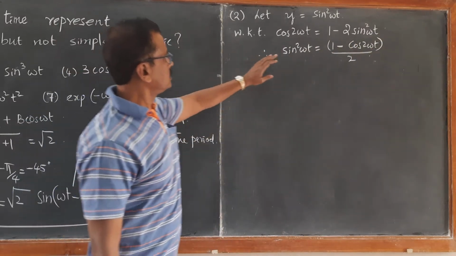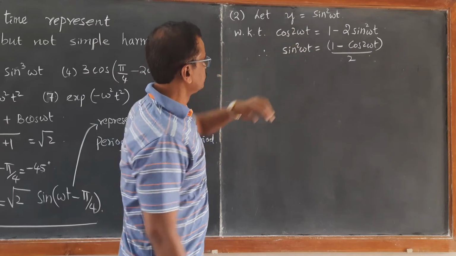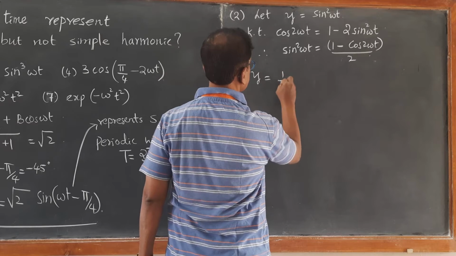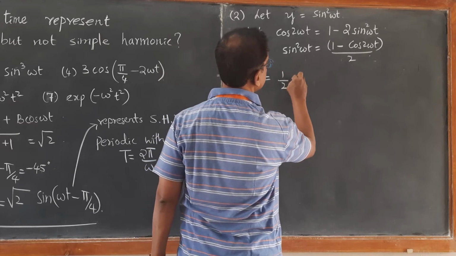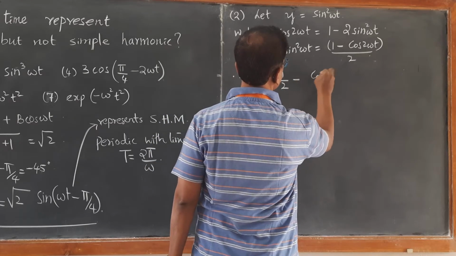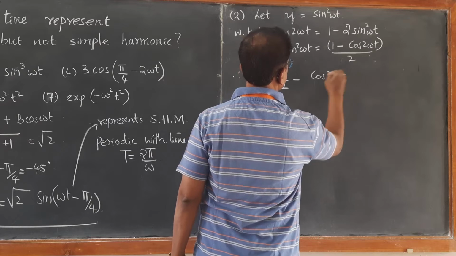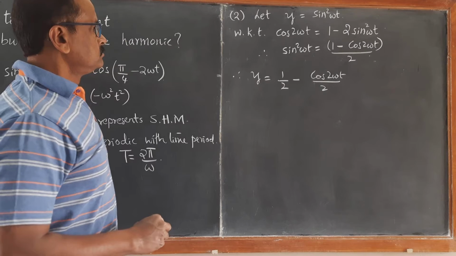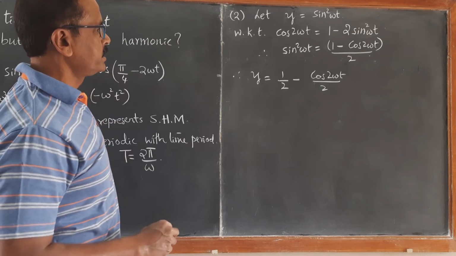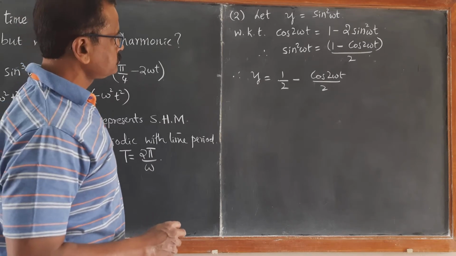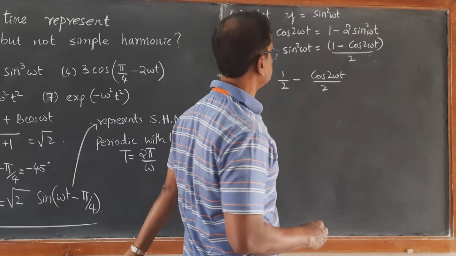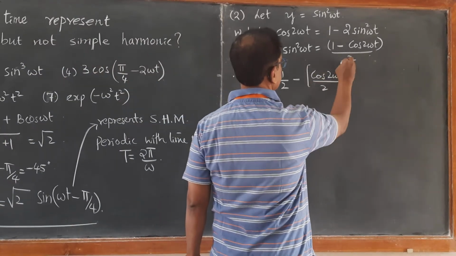Right? Now consider this equation. Therefore, y is equal to, I can write it as 1 by 2 minus cos 2 omega t by 2. Now we can think over this cos 2 omega t by 2.